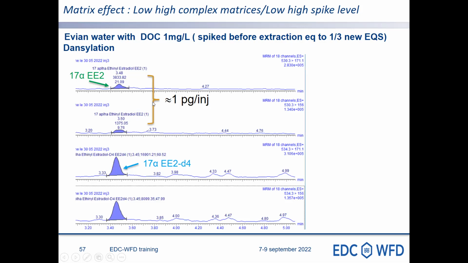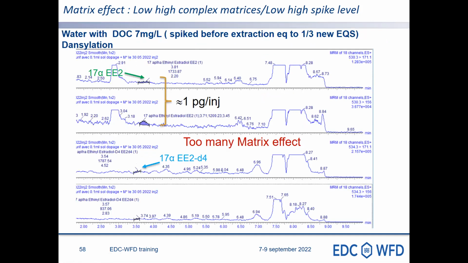But we have to be honest with you, even with this condition, when we go into a more complex matrix, here with a high level of DOC, the method is not perfect. Here we have significant matrix effects, both with our internal standard and with our compounds.